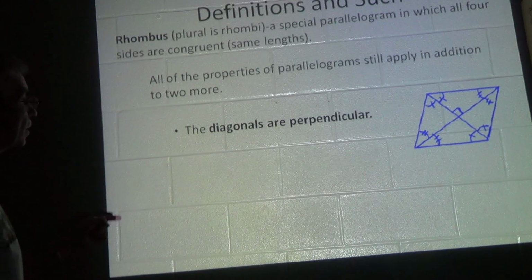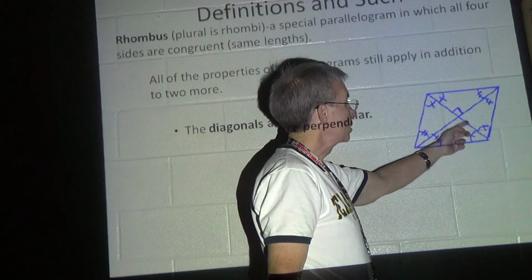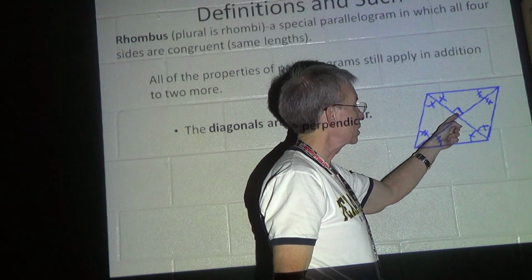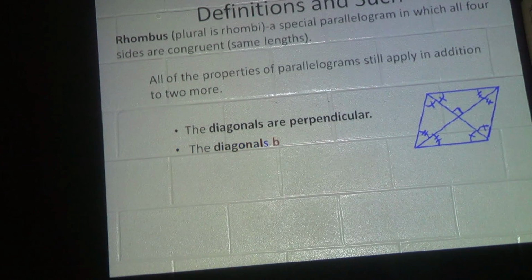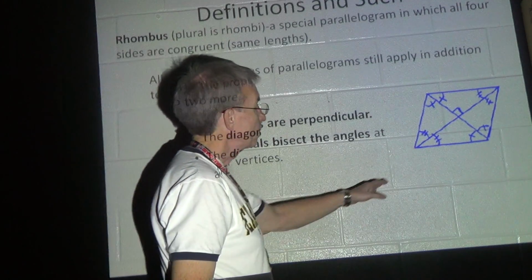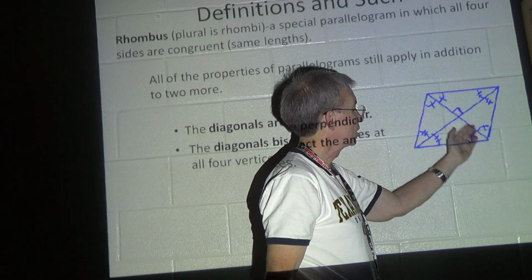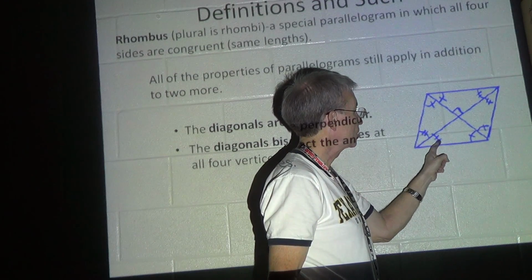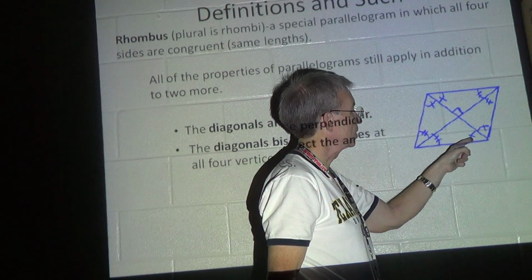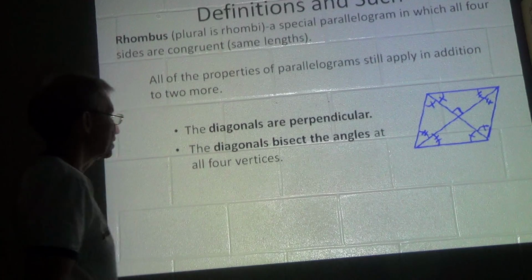The diagonals are perpendicular. This means where the two diagonals cross each other, there's a 90-degree angle. The other thing is that the diagonals also bisect the angles at each corner. So these two angles are the same, these two are the same, these two are the same, and these two are the same, because they're bisected.